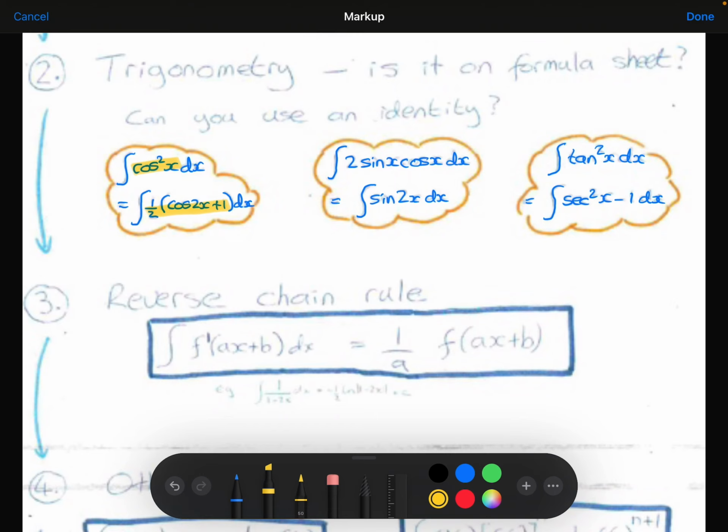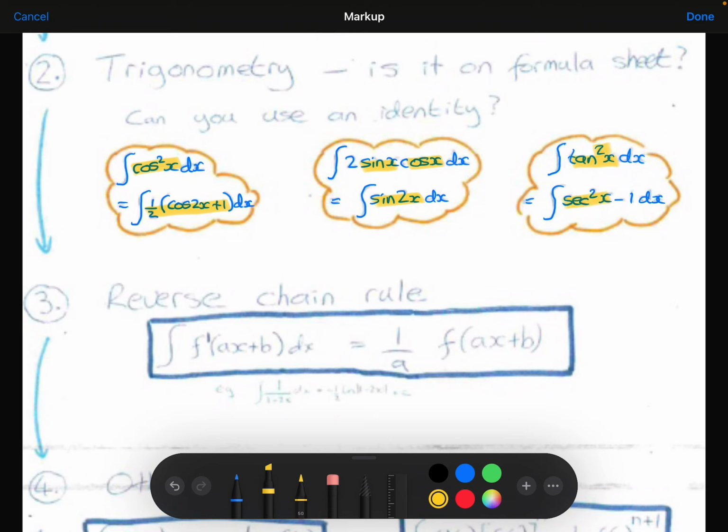Or if you have a product of sine and cos together, we know that we can rewrite that with the sine double angle formula, which again makes that really easy to integrate. If you have a squared identity, in this case tan squared, I know I can rewrite tan squared as sec squared minus 1.